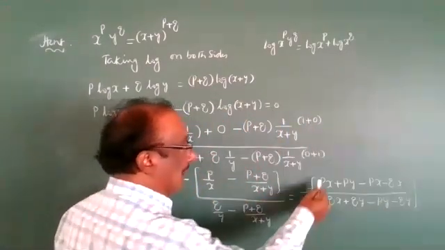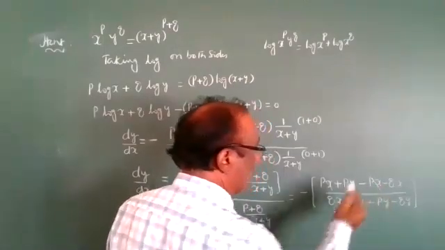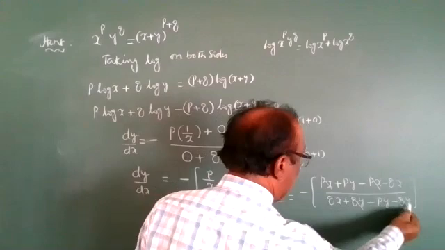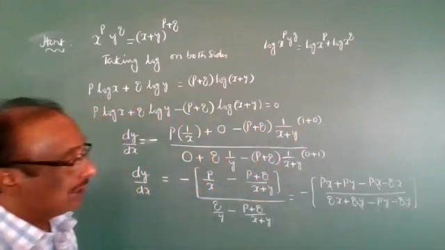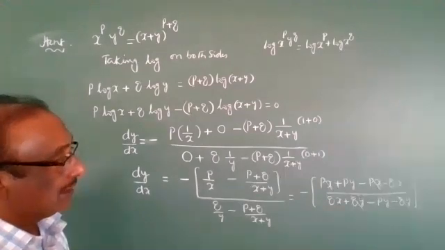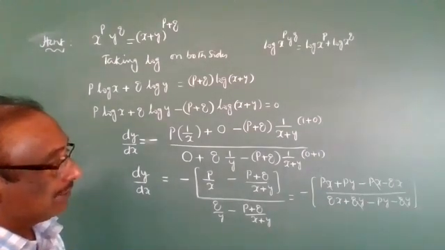Right, cancel. Here px is cancelled, and here qy is cancelled. What is the remaining term?